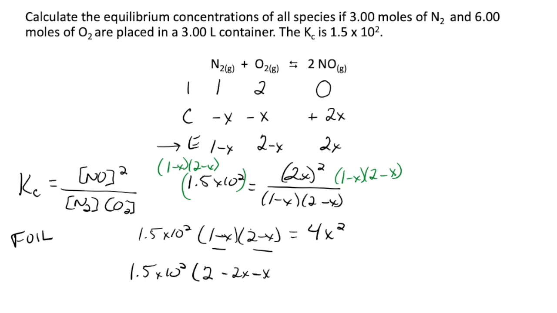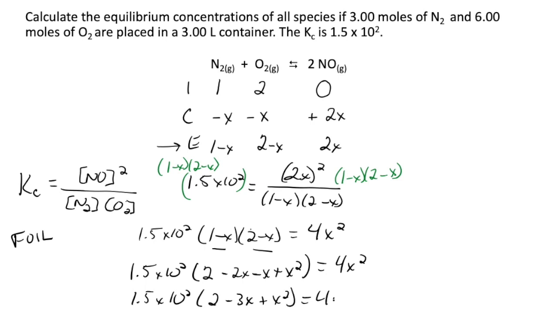And negative x times negative x is positive x squared, equals 4x squared. And to write this in a simplified way, 1.5 times 10 to the second times 2 minus 2x minus x, which is a minus 3x, plus x squared equals 4x squared.